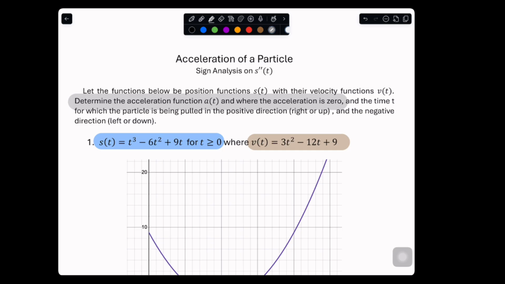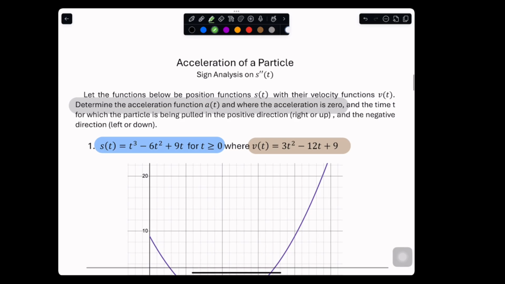And the time t for which the particle is being pulled in the positive direction, and pulled in the negative direction.